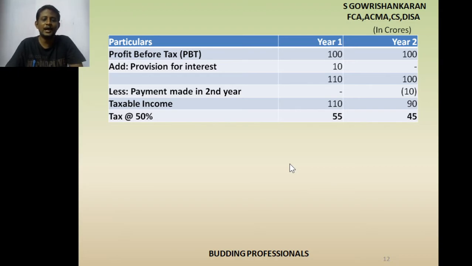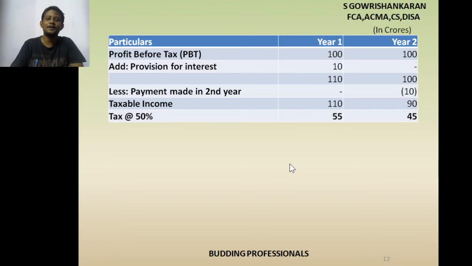In the first year, what am I doing? Add provision for interest. Why am I adding? Adding means I am disallowing the expense. Adding means the amount is disallowed under the Income Tax Act. Under business or profession, the interest is disallowed because under section 43B, only if the actual payment is made is it allowed as an expense. Here the year 1 amount is paid only in year 2, so in year 1 it is not allowed as an expense.